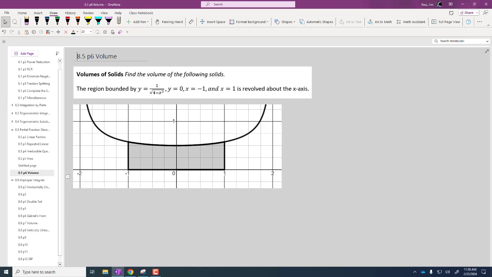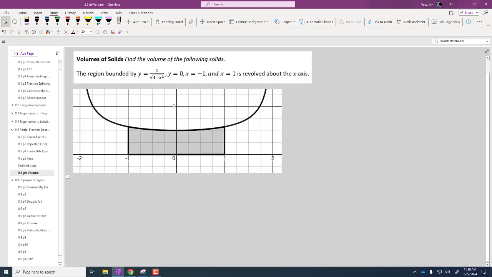All right, let's take a look at the volume of a solid here. We've got the volume that's going to be created by rotating this shaded region around the x-axis. Whenever possible, we know that we could use disks, washers, or shells. We are going around the x-axis, so this is our axis of rotation right here.